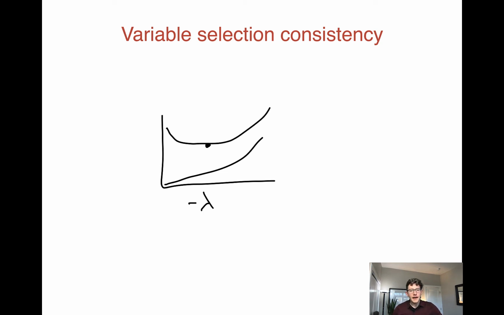One reason for that is that when we do our optimization in the presence of L1 regularization, we both set some parameters to 0, and we also subtract lambda from everything else.